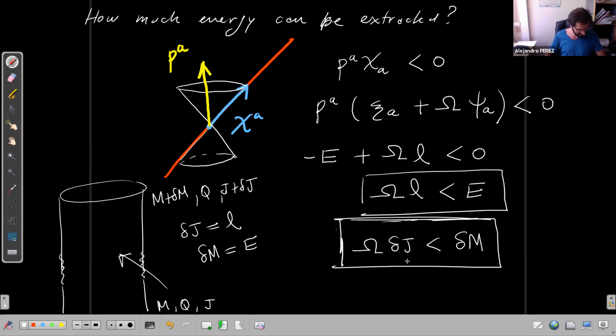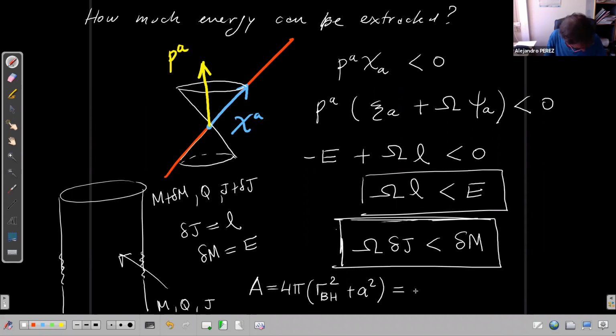Now, it turns out that if you look at this inequality here, there is a long history of this, but we have to do this history very shortly. If you look at the area of the black hole, which can be written as 4 pi times r, and this you can compute yourself from the metric I gave you.